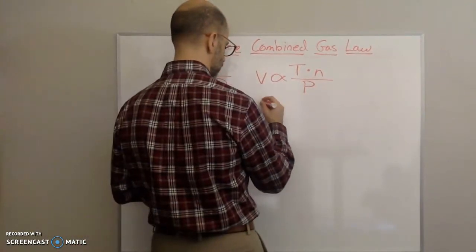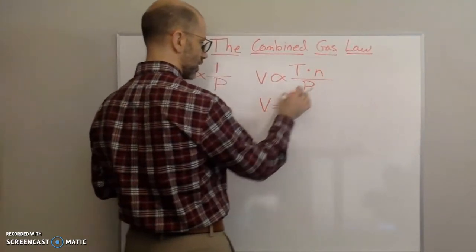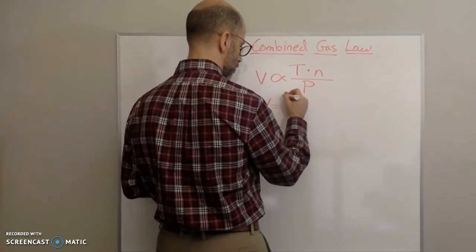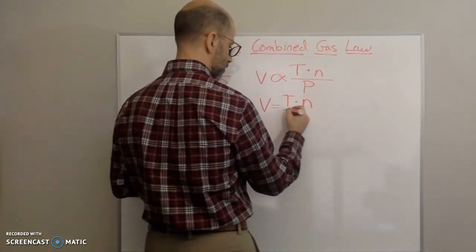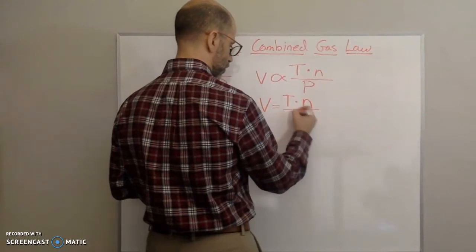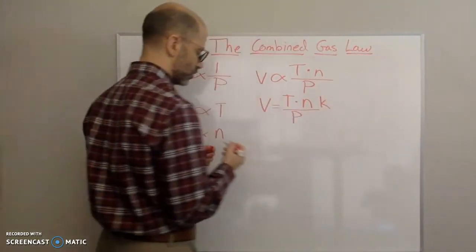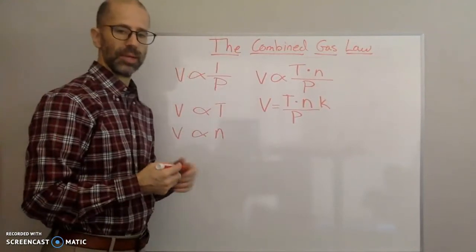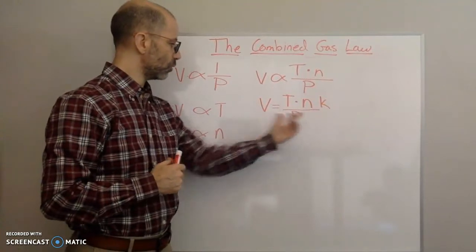We can make it into an equality. So that means that volume is going to be equal to temperature times the amount of gas divided by the pressure, multiplied by some constant K, right? We don't know what the constant is. It's just some constant that we know would make this equal.